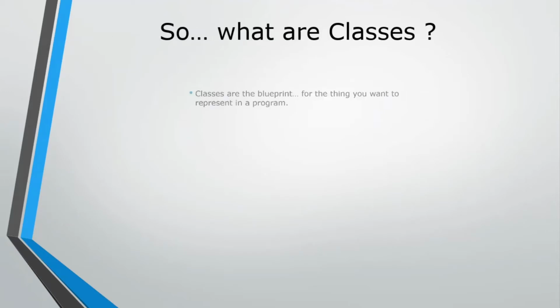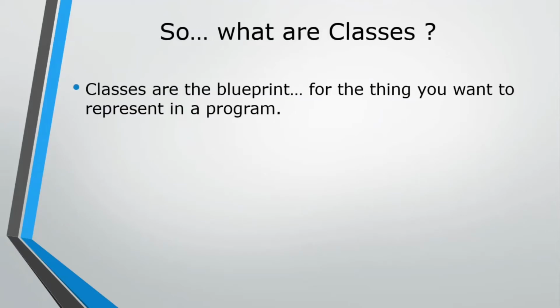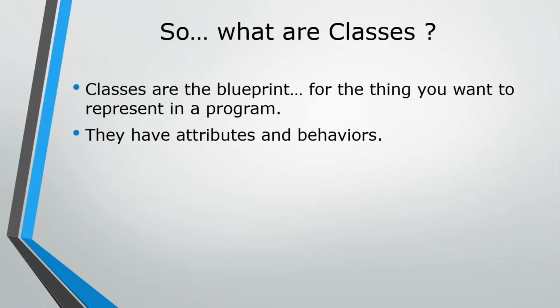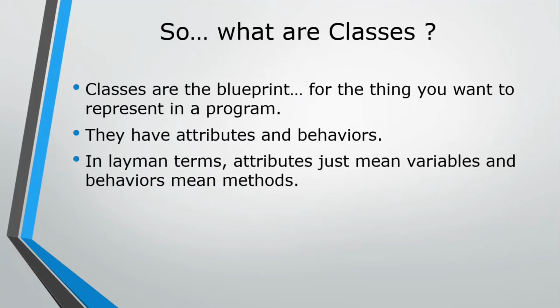Now, so what are classes? Classes are the blueprint for the thing that you want to represent in a program. Classes are used so that you can have as much data as you want in a concise and easy to interface manner. They have attributes and they have behaviors. These are the two most important properties of classes. But if you don't know what attributes and behaviors are, they are just fancy words for simple terms.